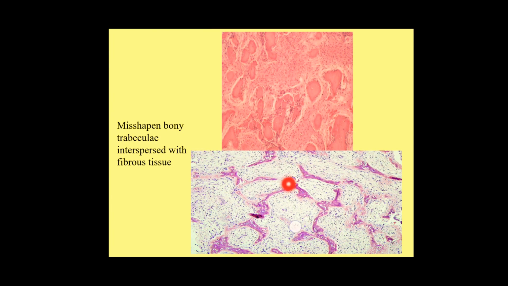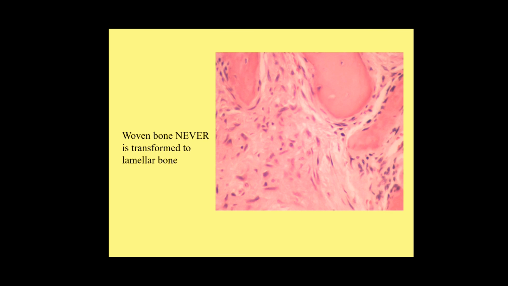Sometimes you can see nodules of hyaline cartilage as well. Cystic degeneration, hemorrhage, foamy macrophages are also a common finding. So this is how a woven bone will look. It won't have this cuboidal or flattened osteoblastic rimming as we have seen in osteoid osteoma.